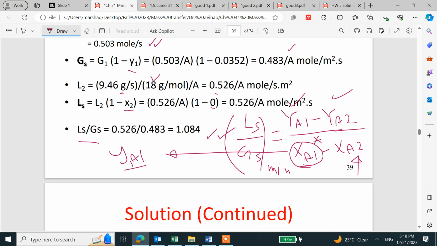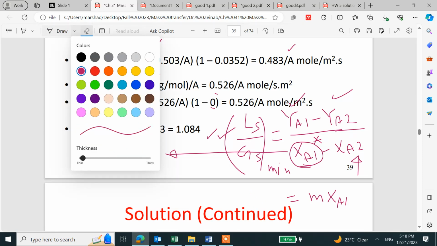If we have data or an equation, whatever YA1 is there.